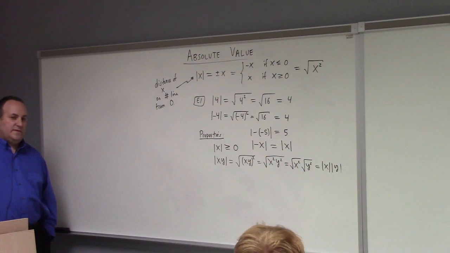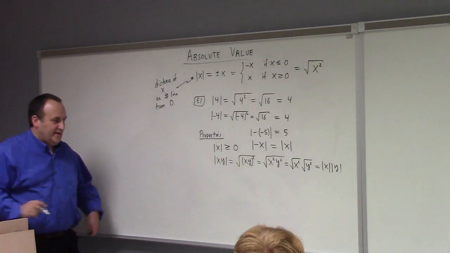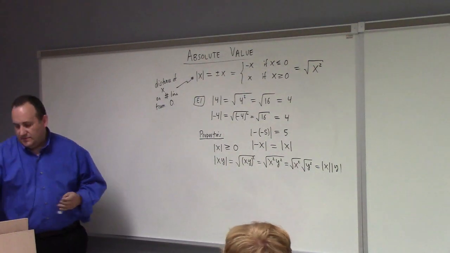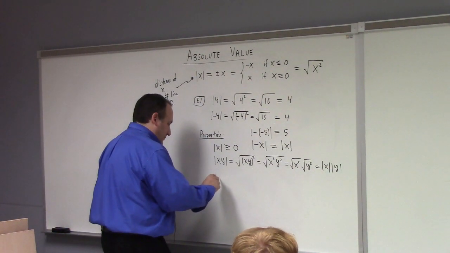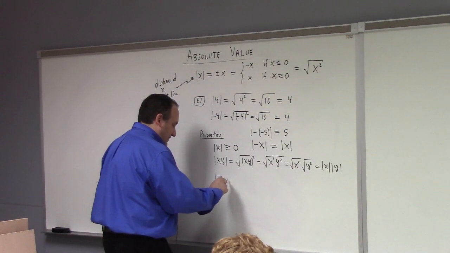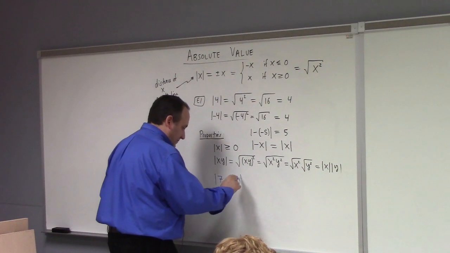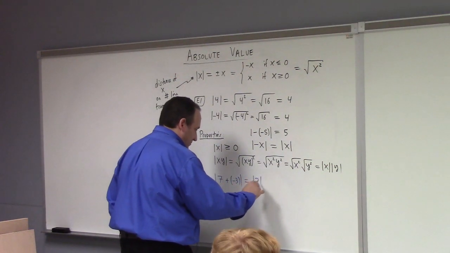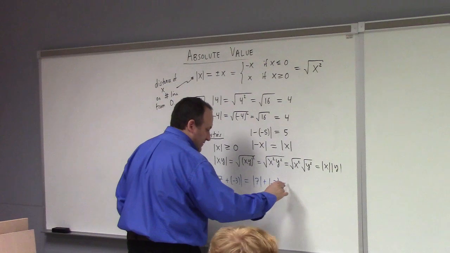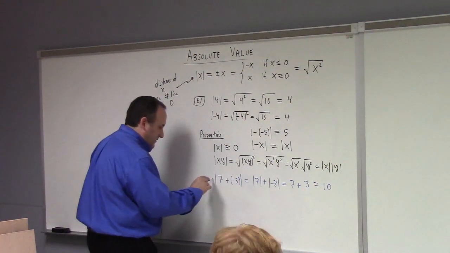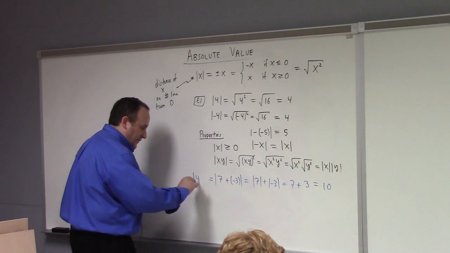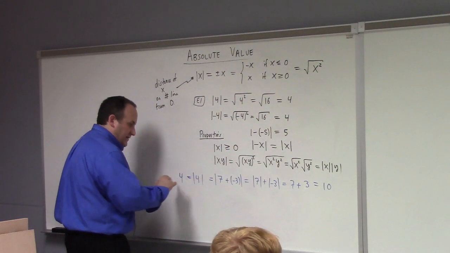Now, there's one thing we definitely can't do. Well, let me not say we can't do it. Let's try it. Try this on for size. Absolute value of, I don't know, 7 plus minus 3. Well, if that's the absolute value of 7 plus the absolute value of minus 3, that's 7 plus 3, which is 10. But on the other hand, that would be the absolute value of 4, which would be equal to 4.